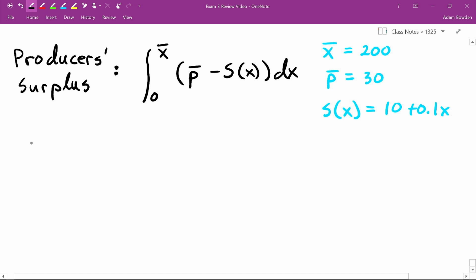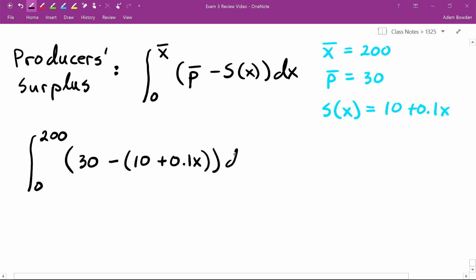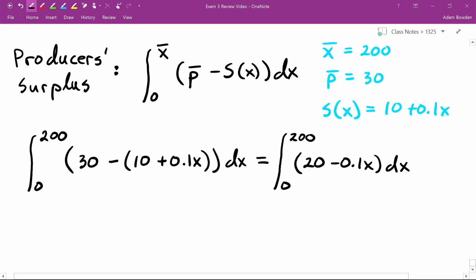So if we put all our numbers in here, it'll be the integral from 0 to 200 of 30 minus 10 plus 0.1x dx, which is going to be equal to the integral from 0 to 200 of 20 minus 0.1x dx.